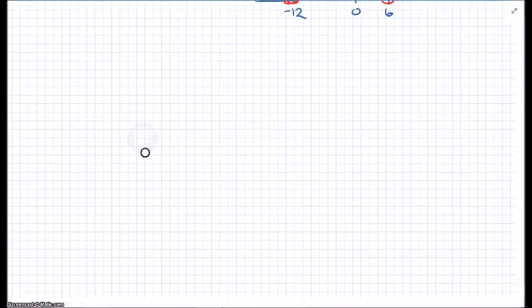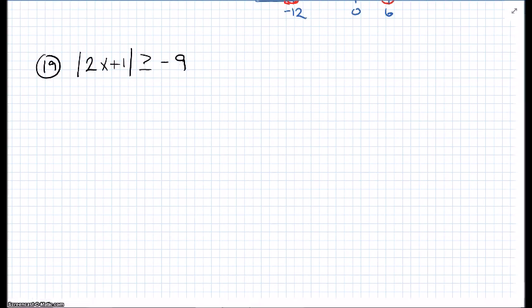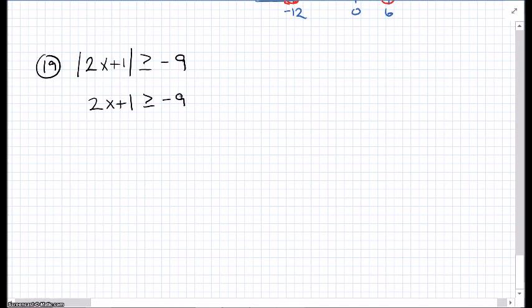Number 19, absolute value of 2x plus 1 greater than or equal to negative 9. Okay? Let's just check it out. There's some things I could tell you beforehand, but we'll just work it out. Since it's already set, we'll make a positive solution set, 2x plus 1 greater than or equal to negative 9.